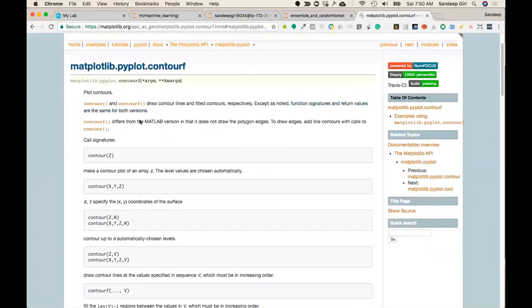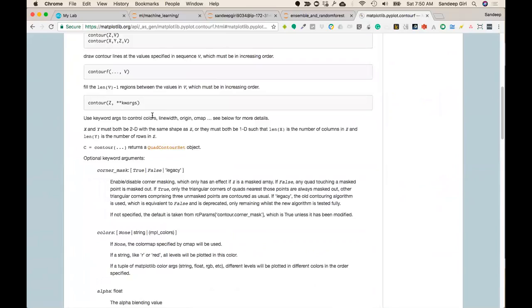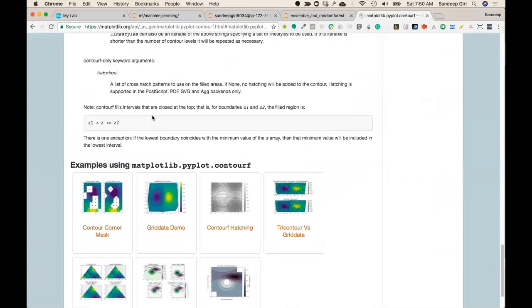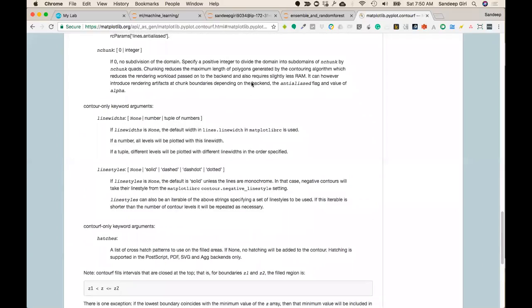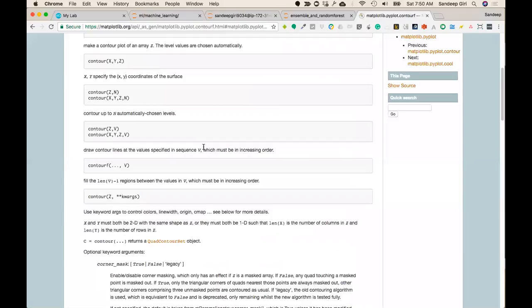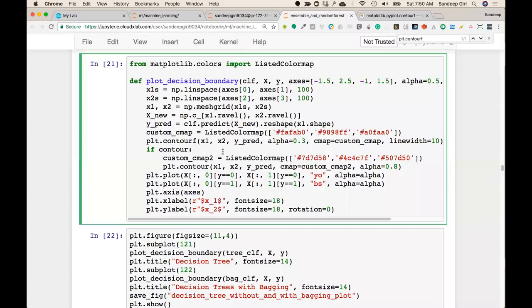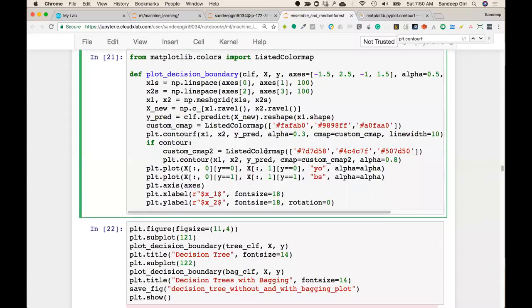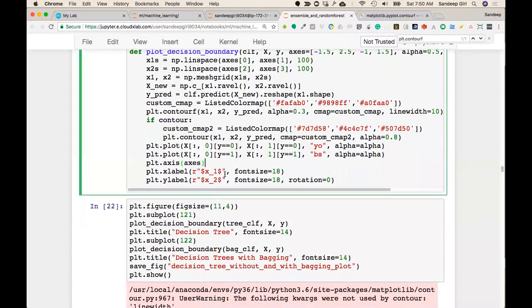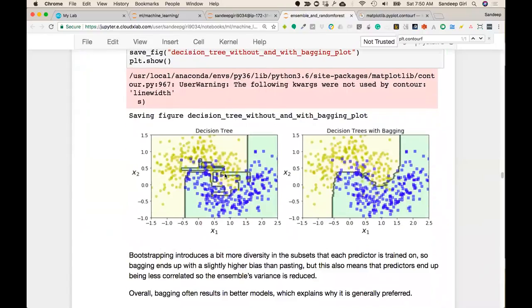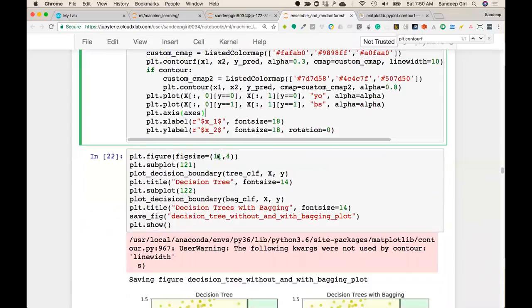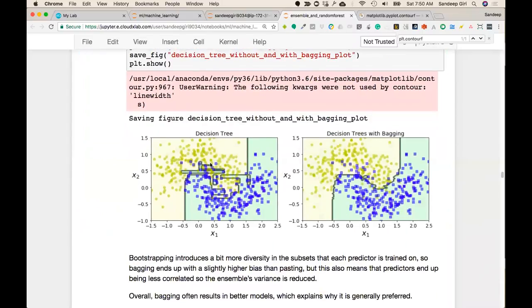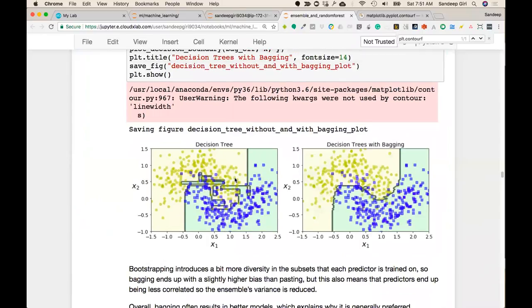So it basically draws the contour map. That's all. So it's basically for drawing the contours. This is a method that we are using to draw these lines.